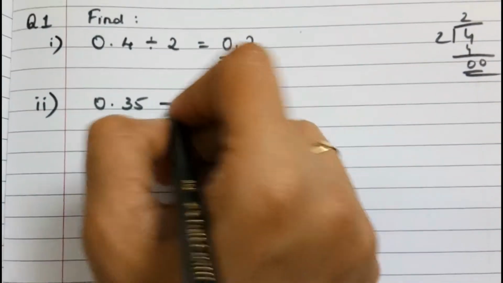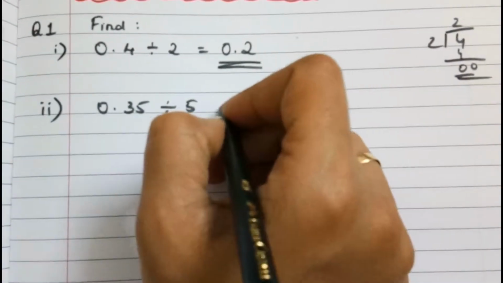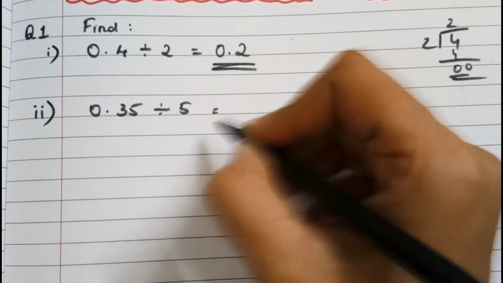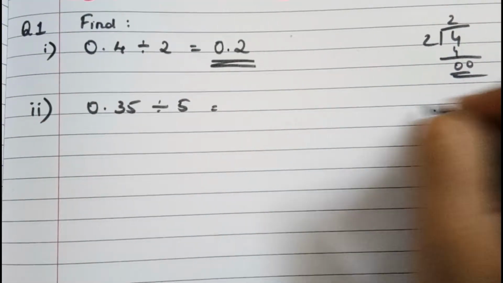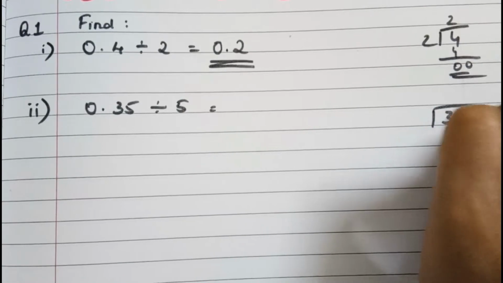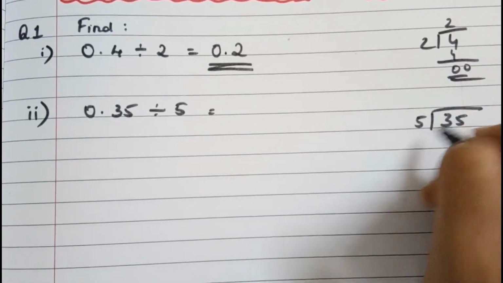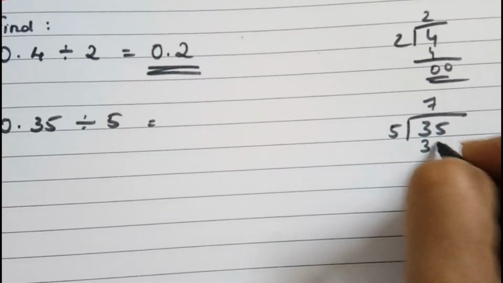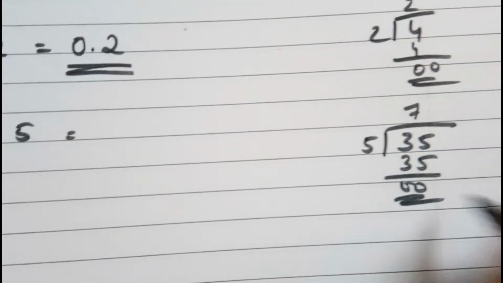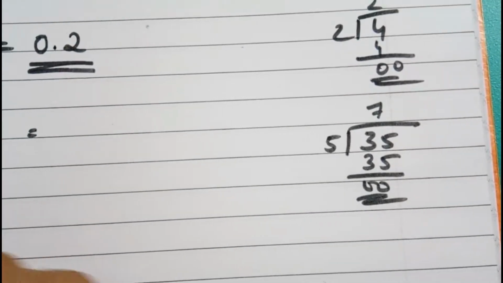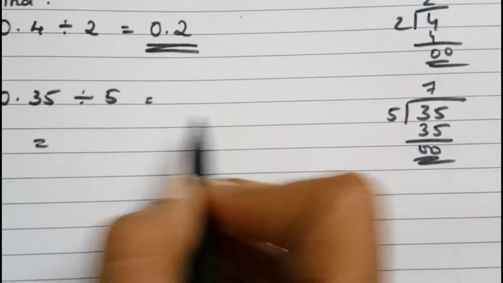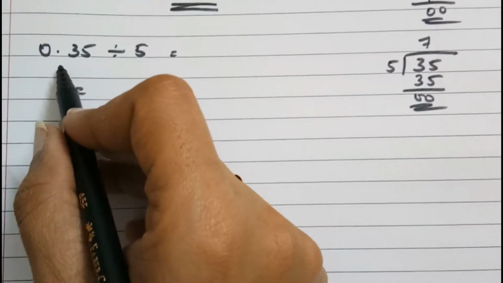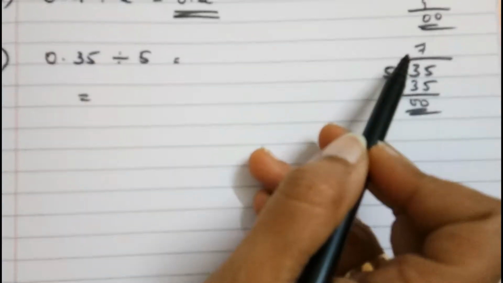Moving to the second sub-question, which is 0.35 divided by 5. How will we do this? As I told you earlier, taking 35 divided by 5. Simple. 5 will go in 35 how many times? 7 times. 7 fives are 35. Considering the point here, there are two numbers after the decimal point, whereas the answer is only one number.